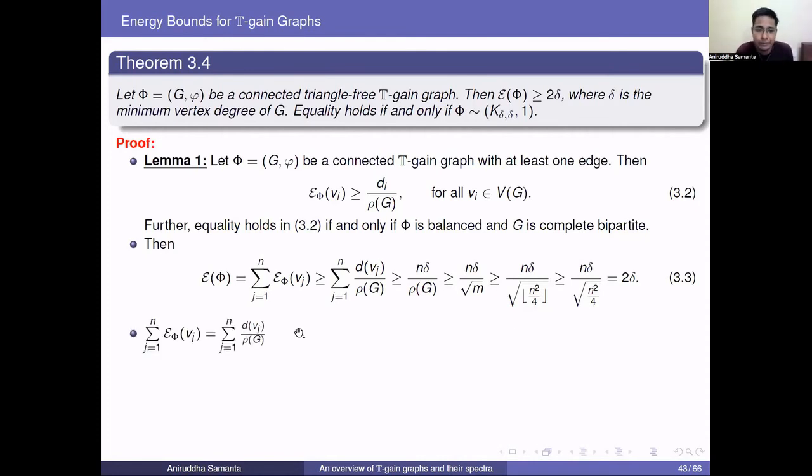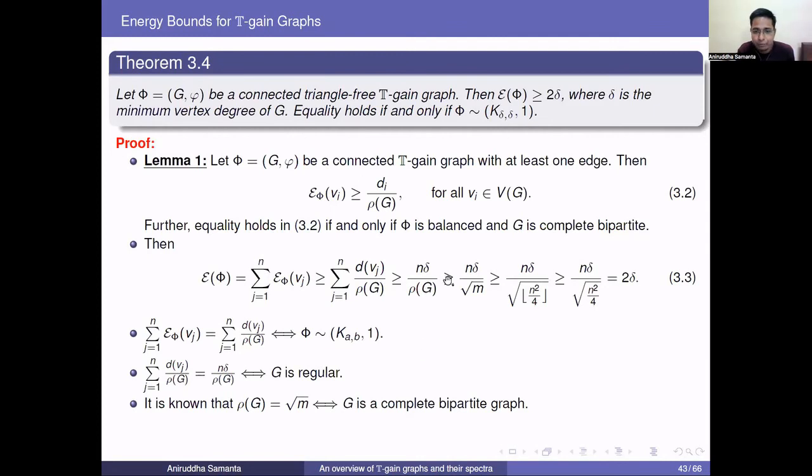Now look into the equality part. If the energy of phi is equal to 2 times small delta, then all the intermediate inequalities will be equalities. From the first equality, from our lemma, we get that phi is switching equivalent to a balanced complete bipartite graph with partition sizes, let's say, A and B. Now from the equality of the second inequality, we get G is regular.